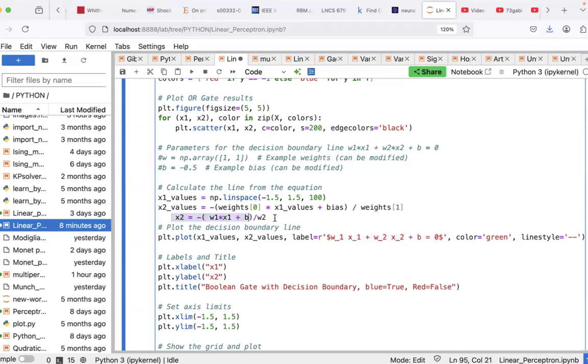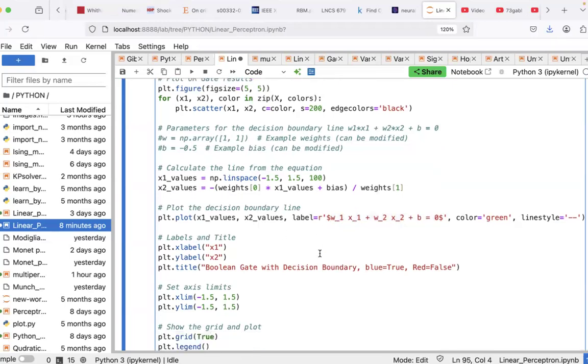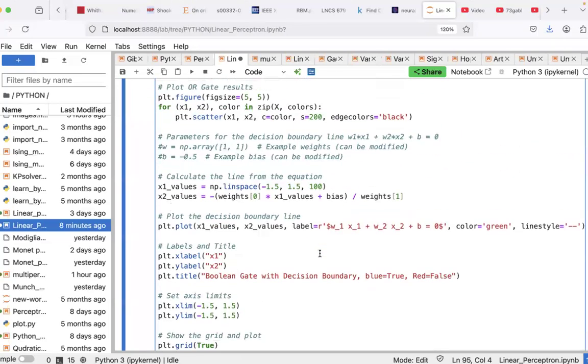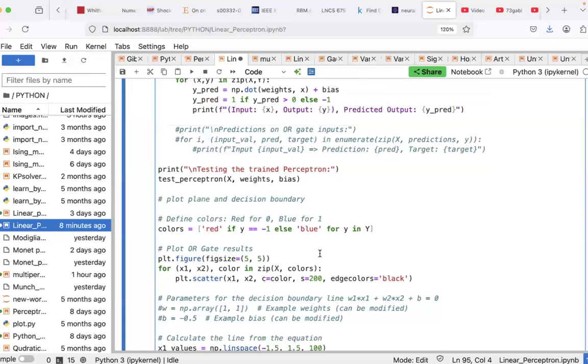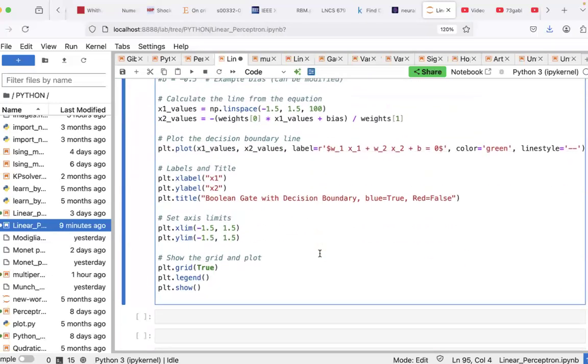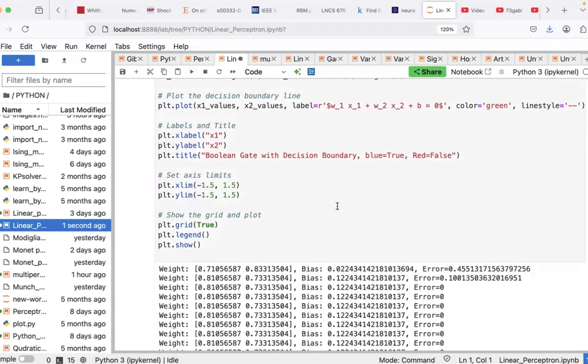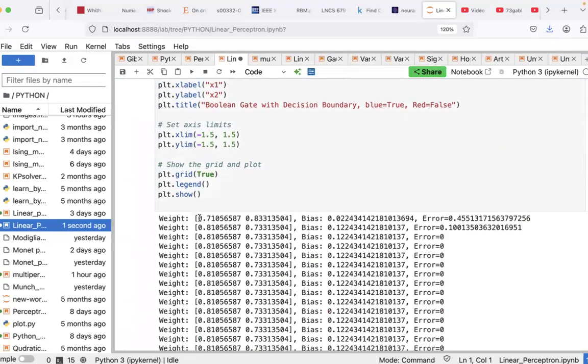Okay, and now let's run it and see what happened. You see that initially we started with random weights and bias, and the error is pretty large.